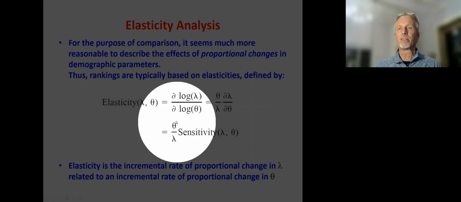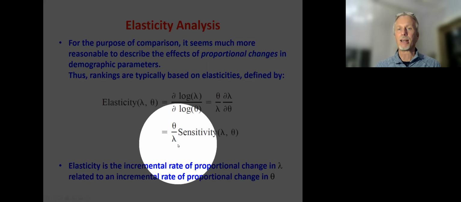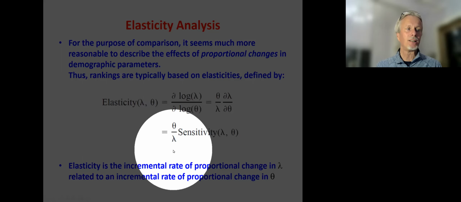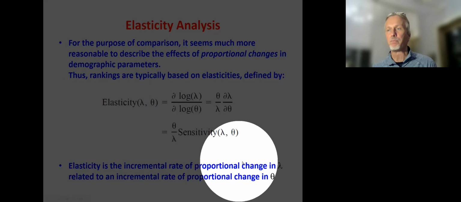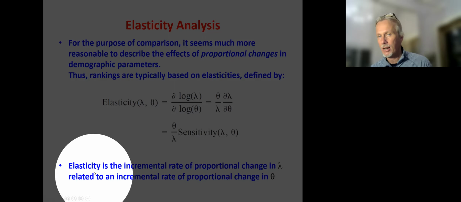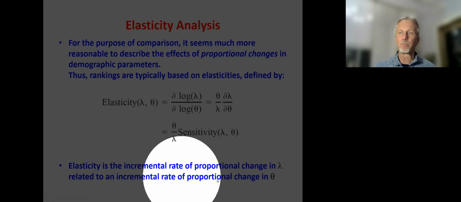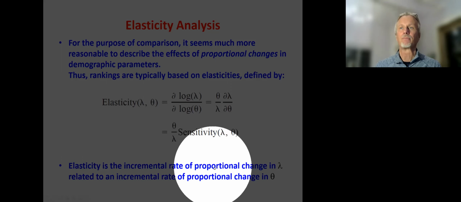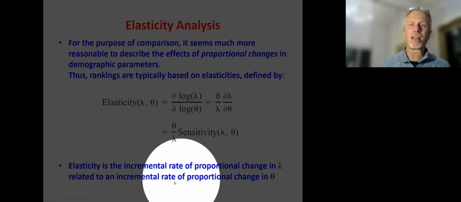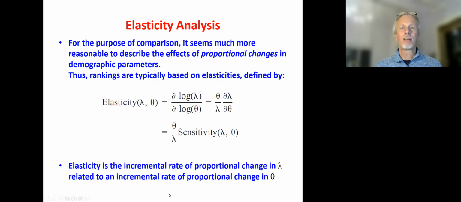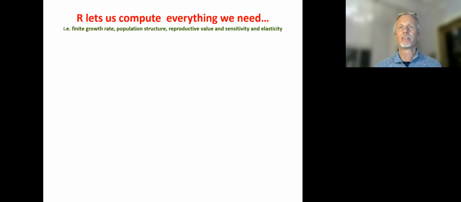So the elasticity is equal to theta divided by lambda times the sensitivity. Elasticity is the incremental rate of proportional change in lambda related to an incremental rate of proportional change in theta. This probably sounds super abstract, and there is nothing like running some numerical simulation to understand it.